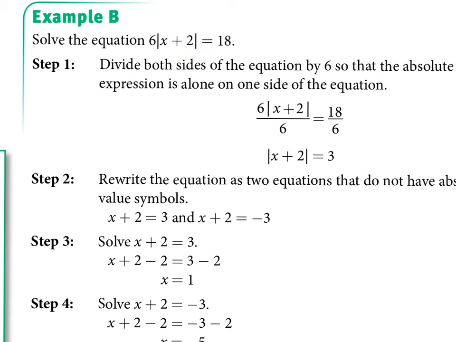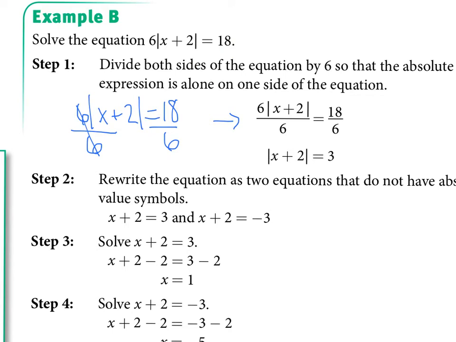So what we do, and it's written right here, but just to show you, when I have 6 times the absolute value of x plus 2 equals 18, we have to divide the 6 over first. You can't do anything with an absolute value. You cannot solve it until it is by itself.